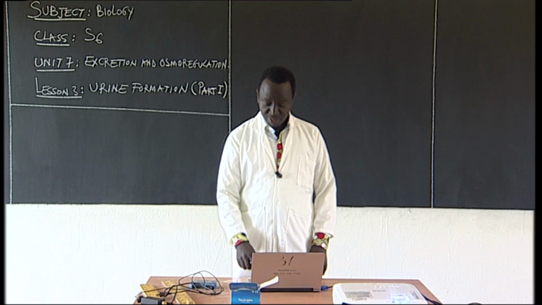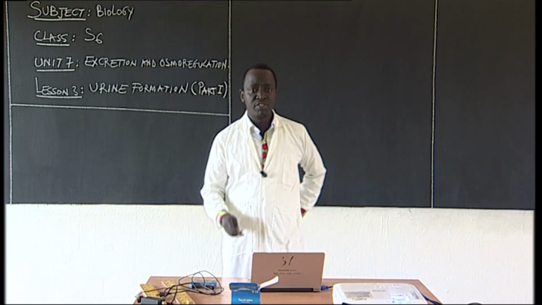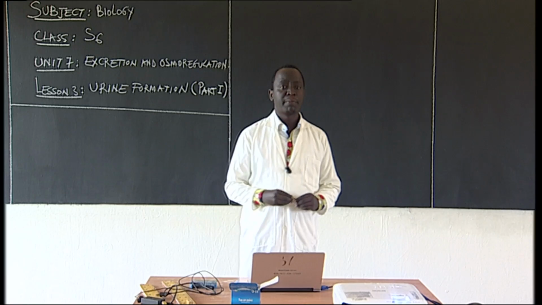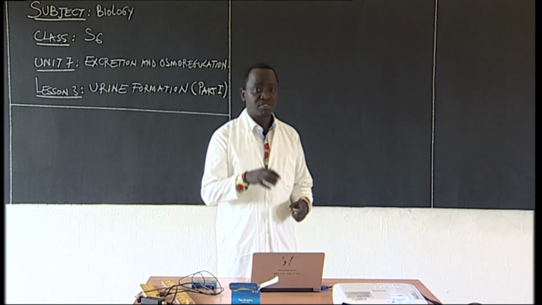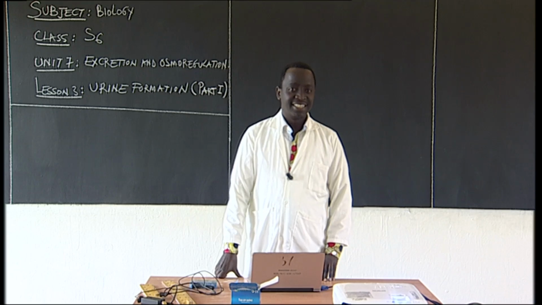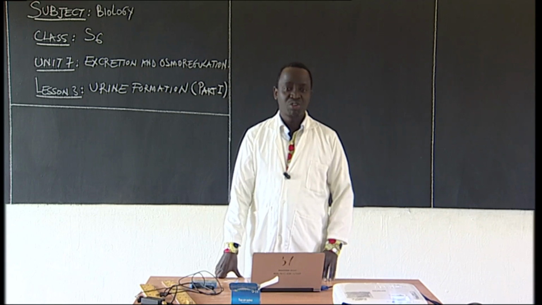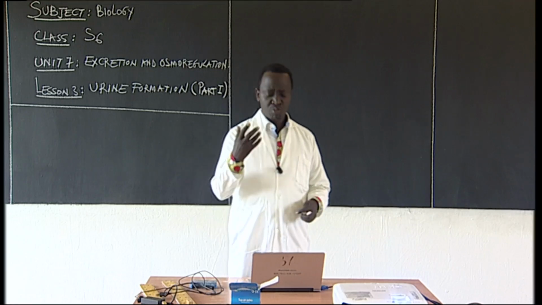So when we talk about nephron, what do you understand about nephron? Because when we talk about this urine formation, there is a part of the kidney that helps in that process. Actually, we have what we call nephron. What is nephron?